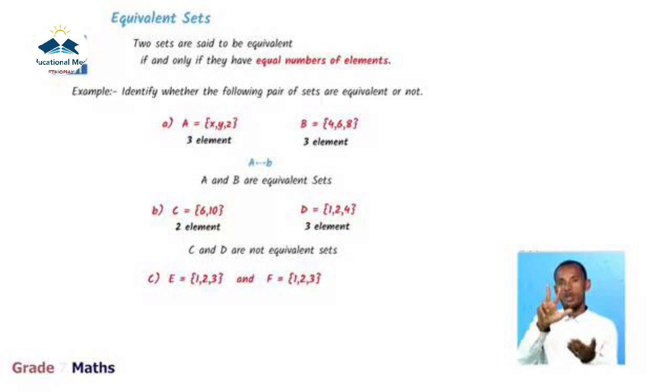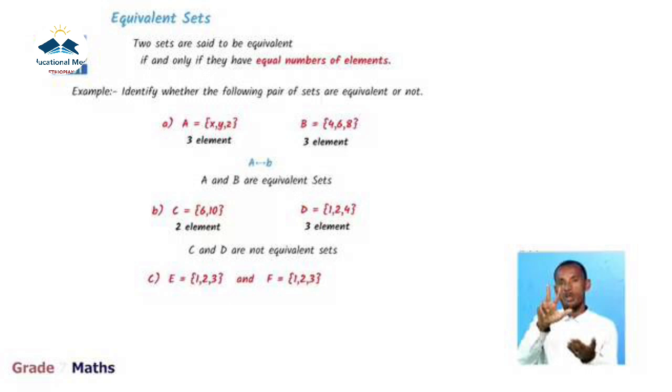Very nice. Now let's see the answer together. When we see set E, it contains 3 elements 1, 2, and 3. And when we see set F, it contains 3 elements 1, 2, 3. They have equal number of elements.